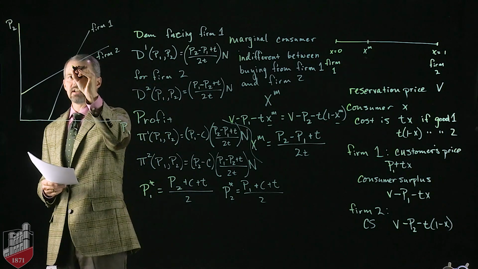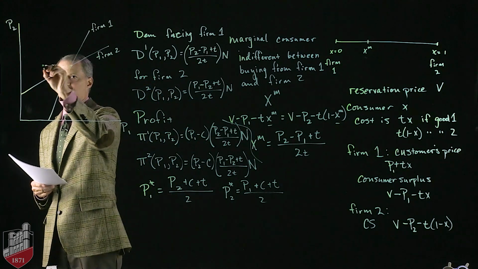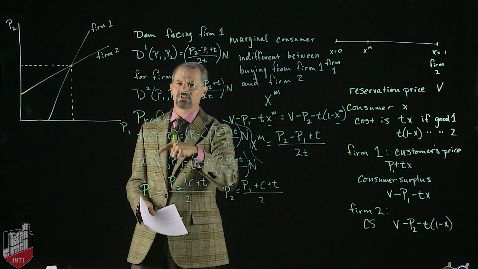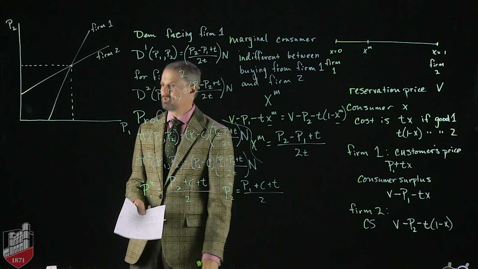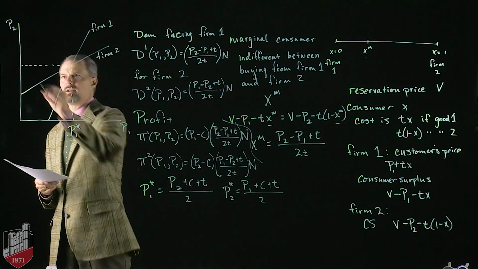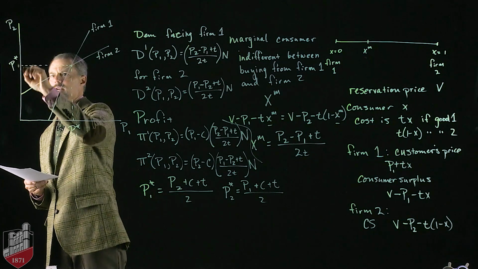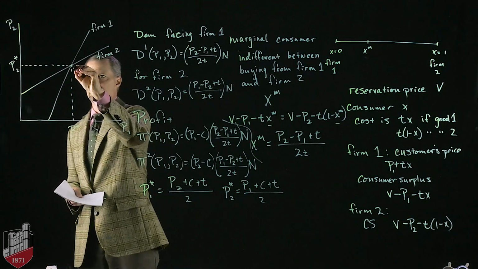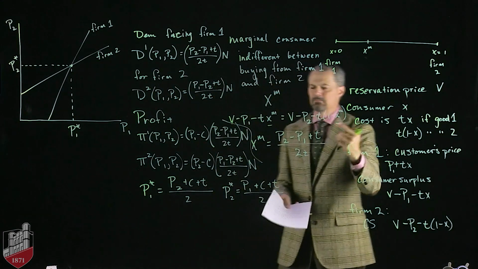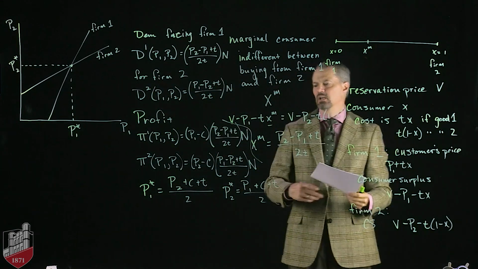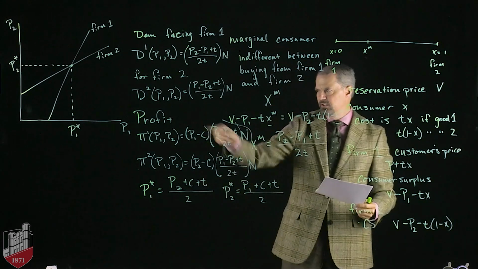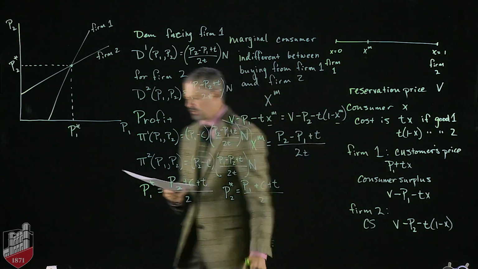The intersection of those two best response functions is the only place where each firm is making the best response to what the other firm is choosing. It would be the Nash equilibrium, P1 star, P2 star, given by that intersection. You can take these two equations and two unknowns, plug P2 into there, solve it, and here's what you're going to get.